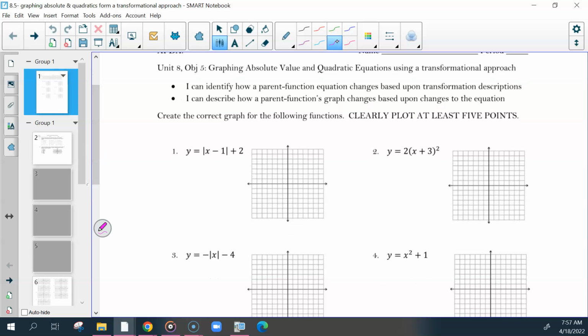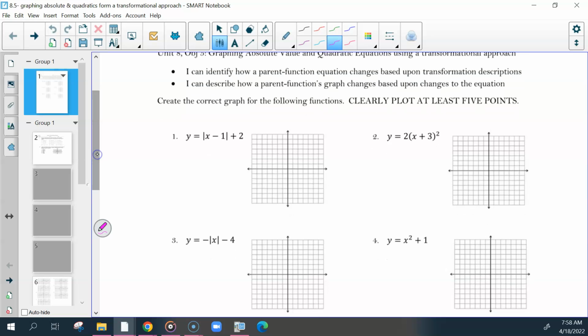What's nice about both of these functions is that you can find the vertex, the lowest or highest point. And I know it's been a minute since we did transformations, so we have to think back to what all of these things mean. On the vertex, we're going to look at this point, whatever this number is, but it's going to be the opposite. So if it says plus, it's really minus.